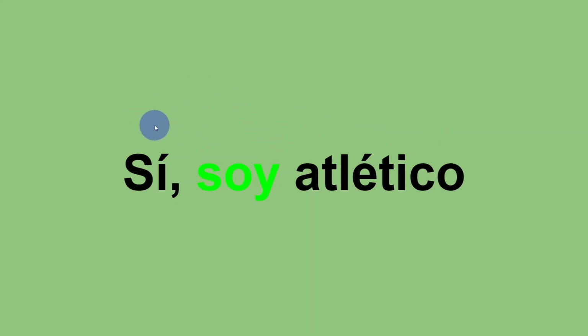Now we have the sí right away with a comma, followed by the conjugated verb and the adjective. Sí. Now, every time you see the accent right here, the tilde, you give it a hard tone right here. Sí, soy atlético. Okay.